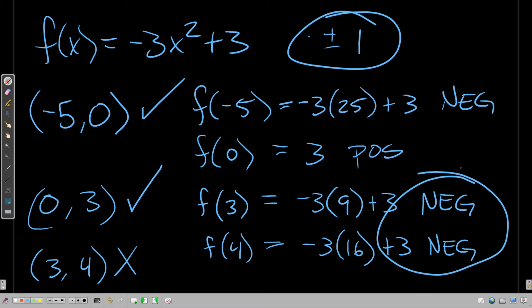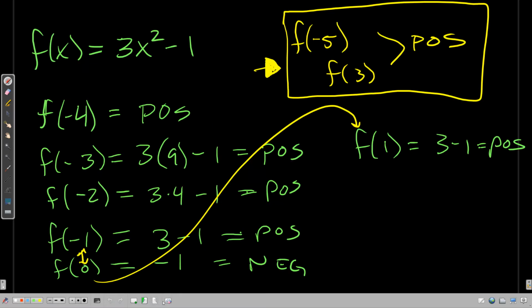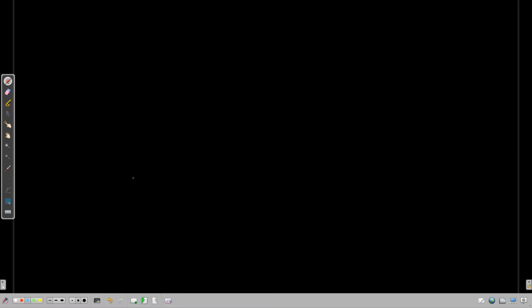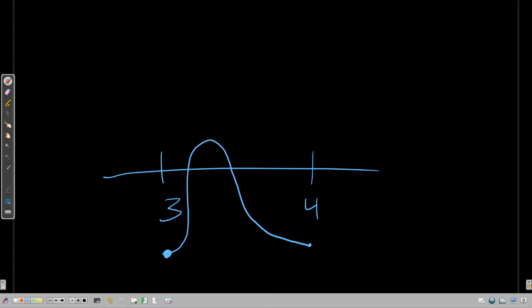Just because the continuous function was negative on both endpoints doesn't assert that there's no 0 there, right? If this was 3 and this was 4, then my function might start off being negative here, and it's going to be negative over there, but look, it has 2 zeros on the interval from 0 to 4.